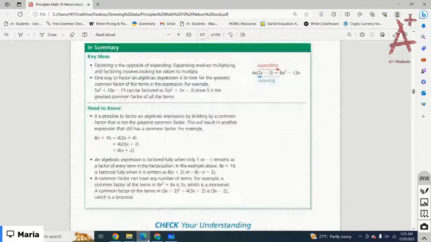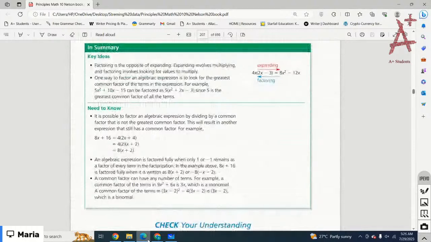So when you are factoring, that means you have to look for the greatest common factor. For example, 5x square plus 10x minus 15 can be factored as 5 times x square plus 2x minus 3, since 5 is the greatest common factor of all the terms.